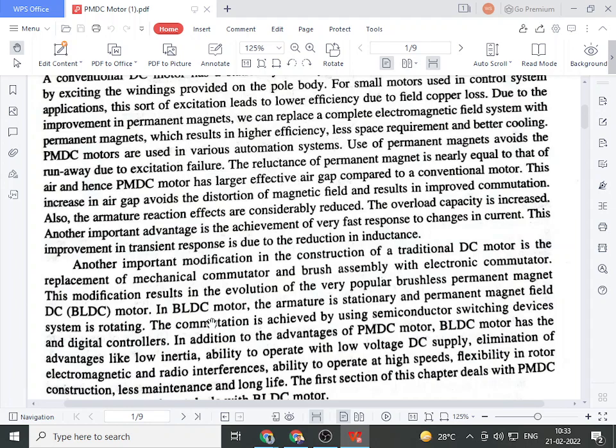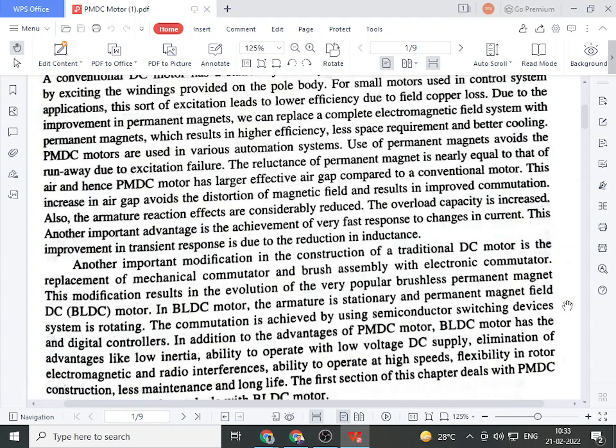This brushless DC motor has an armature winding which is stationary. That is the very important modification in the case of the BLDC motor. The armature winding is present on the stator. It is a stationary winding, and the rotor is replaced with a permanent magnet. Without using a winding on the rotor, we generally use permanent magnets on the rotor.